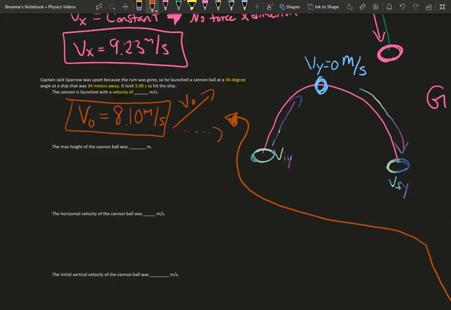And then it says the maximum height of the cannonball. So asking for maximum height, we are looking for our delta y. Now, this does involve a little bit of math here.